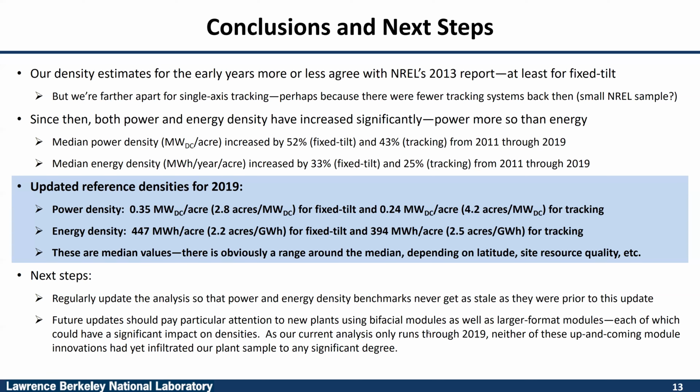That's why we decided to look at things in terms of DC capacity. But the questioner is correct that you would see a different trend if we were doing this in terms of AC capacity. In general, because the DC to AC loading ratio has drifted upwards over time, we would expect to see a lower improvement in power density if expressed in AC capacity terms. So hopefully that answers your question.